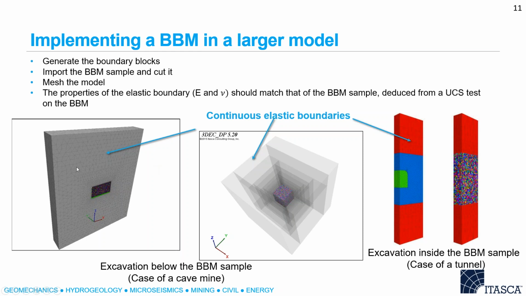The properties of this boundary should be chosen to match those of the BBM sample. And so to have this, we can perform UCS tests on BBM samples, deduce the macroscopic elastic properties and apply them to this boundary.